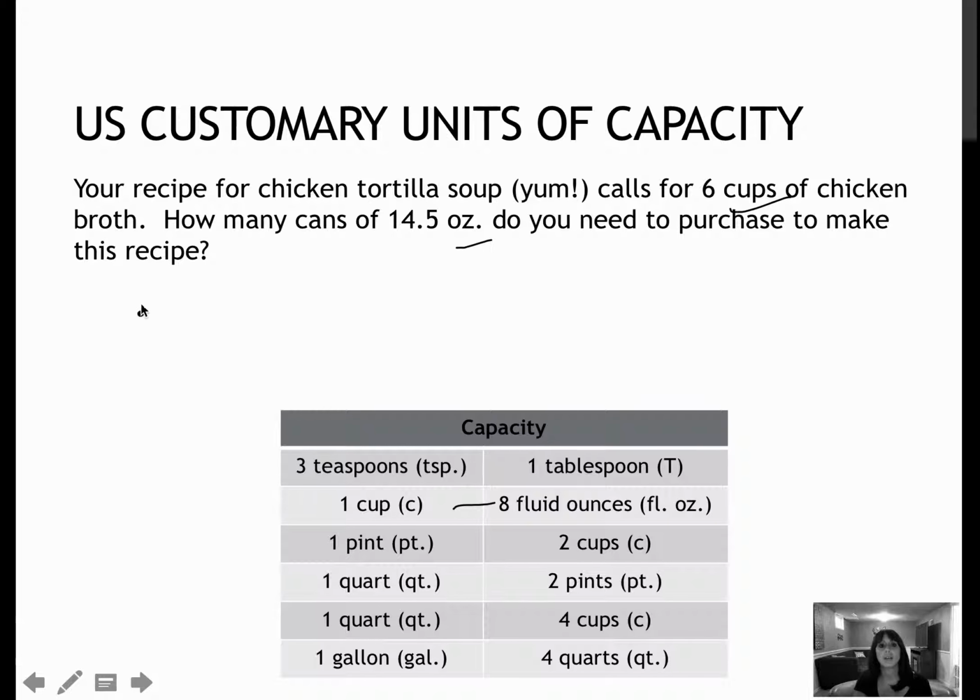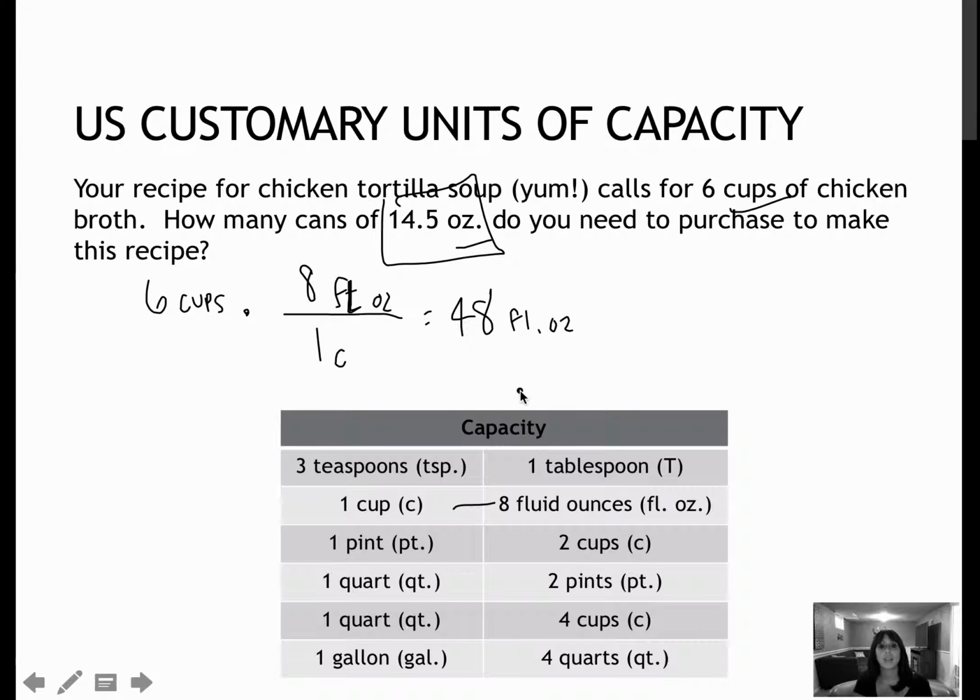So I'm going to go from cups, 6 cups, and I want to find out how many ounces is that. So if it's 6 cups and there's 1 cup per 8 fluid ounces, then I'm going to multiply those and find out that I need 48 fluid ounces of chicken broth to make this recipe.